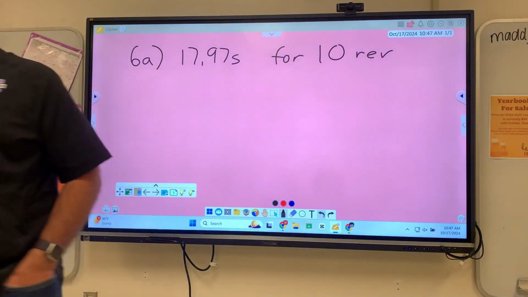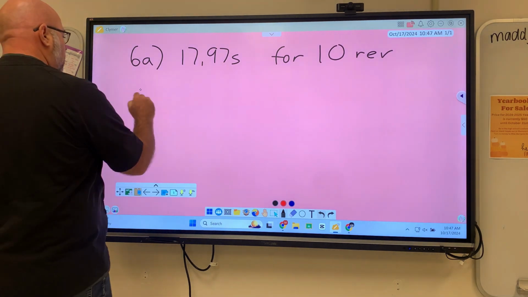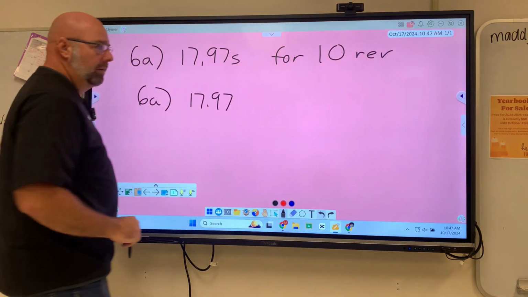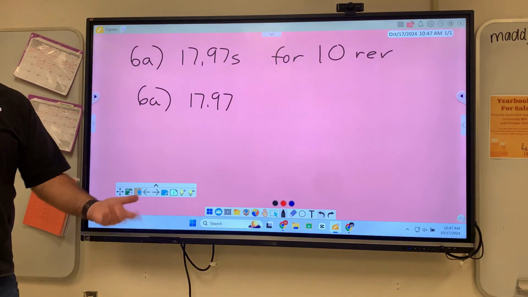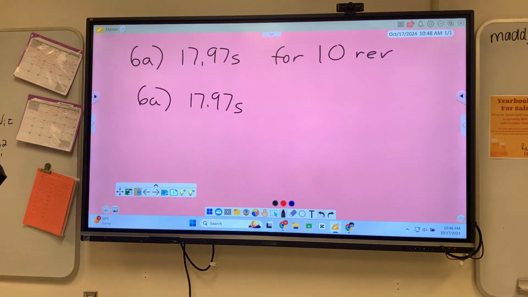Now, when you're putting data for an investigate down in your logbook, I would prefer you to write this instead of what I saw in a lot of logbooks, which looked like this: 6A and 17.97. An improvement was the logbooks that said 17.97 seconds.